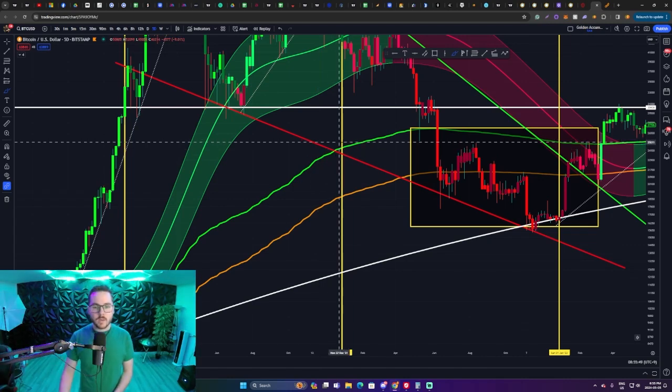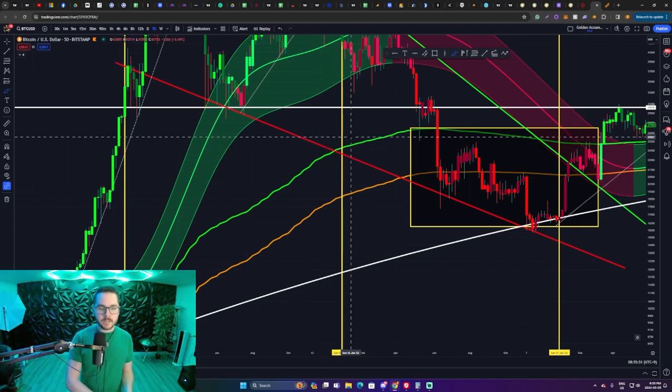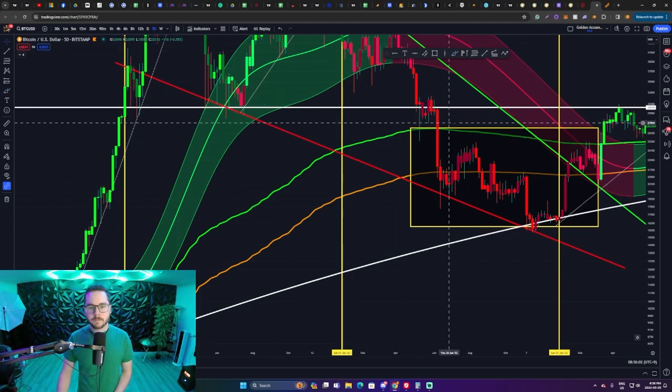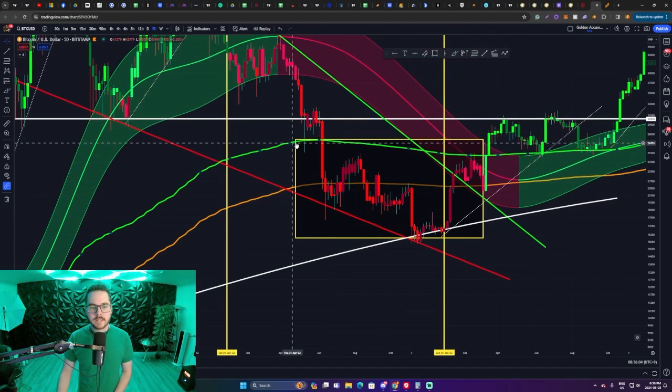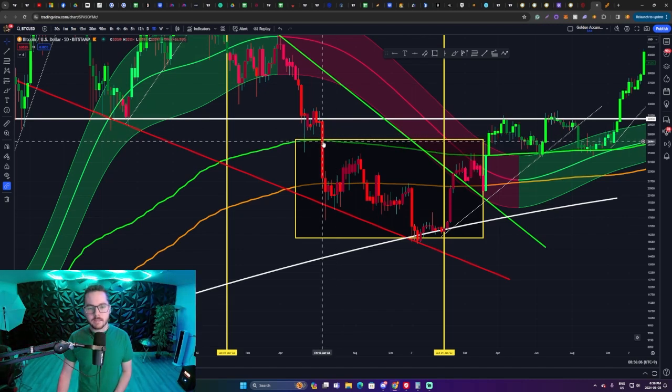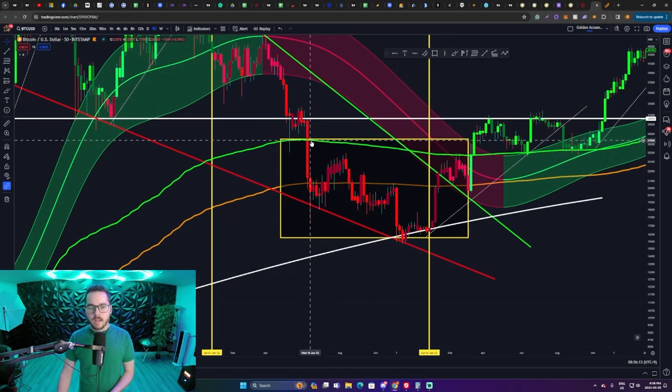So we can watch them throughout the history of Bitcoin, see how price action behaved, and see that these tend to act as really good bottom indicators, but it's not the only one that you could use. For example, you can see here, price action got below the 200 weekly EMA, and it started here at like 26,900.